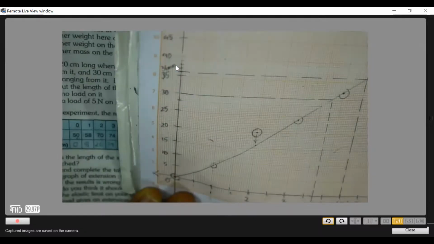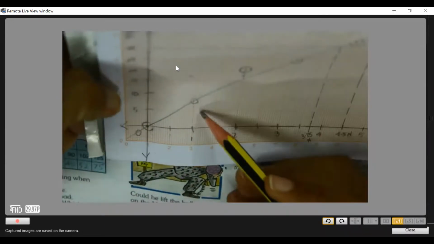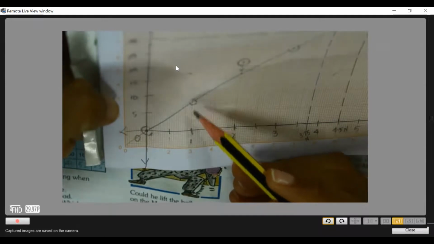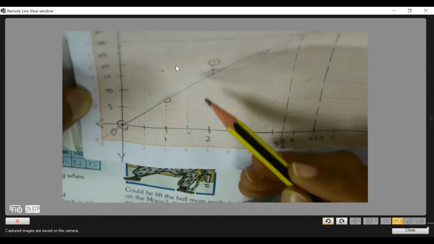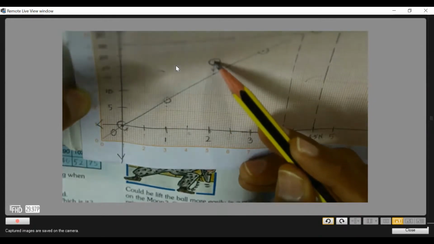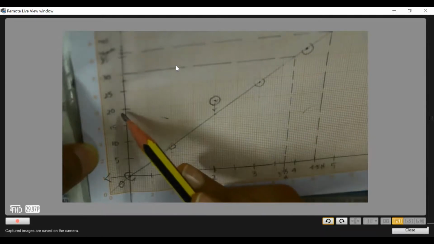So when load is 1 Newton, follow the table with me. I hope the table is right in front of you. Keep that table in front of you and then follow me. So 1 Newton, it's 8. With 2 Newtons, it is 20.